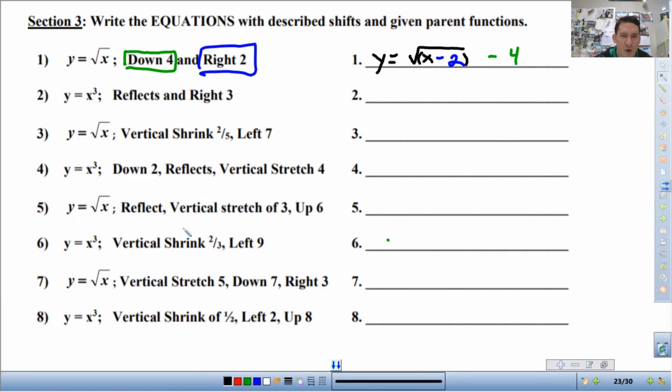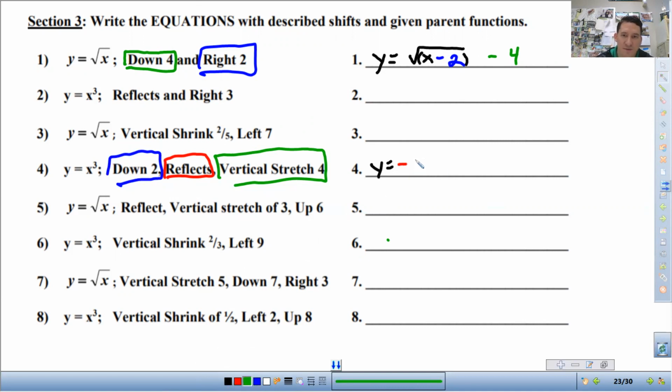Let's look at number 4. There's a bit going on with that one. There is a reflection, a vertical stretch of 4, and then we go down 2 with the cube. So y is equal to, the reflection makes it a negative.